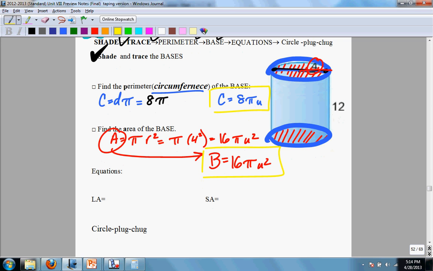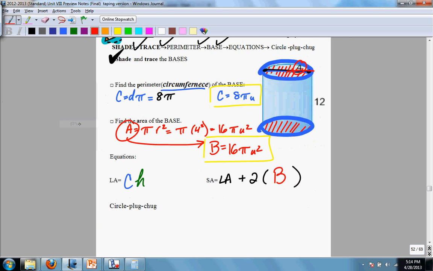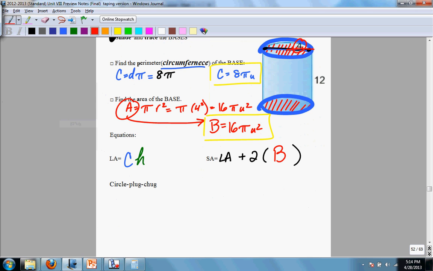Our equations for a cylinder for a lateral area is circumference times the height. Surface area is whatever the lateral area is plus the area of two bases. Follow with me.